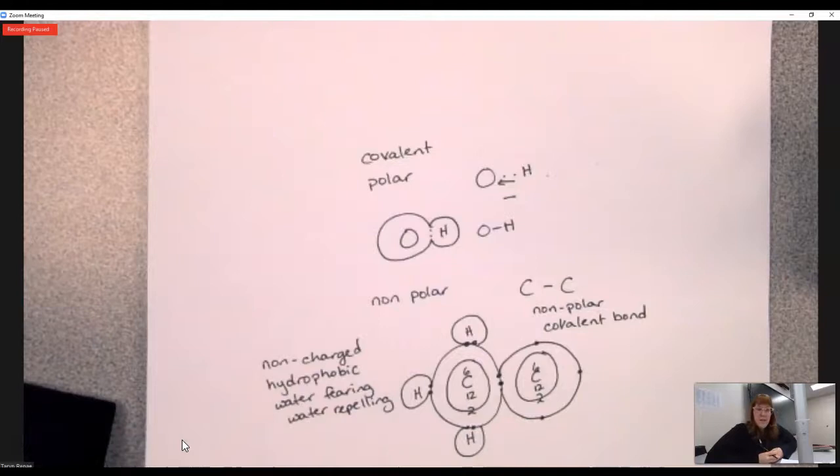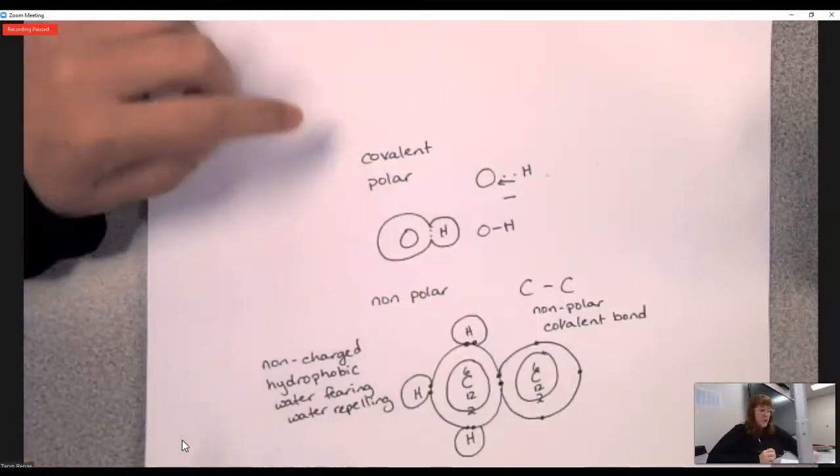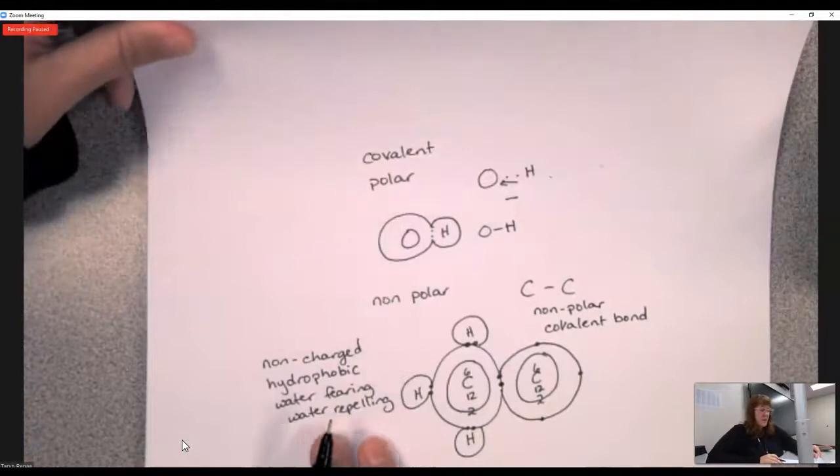You can see that the water just clings to itself and is repelled away from the lipid or the fat. So that is a nonpolar covalent bond versus a polar covalent bond. Water gets along with water just fine, so hydrophilic is the word there.